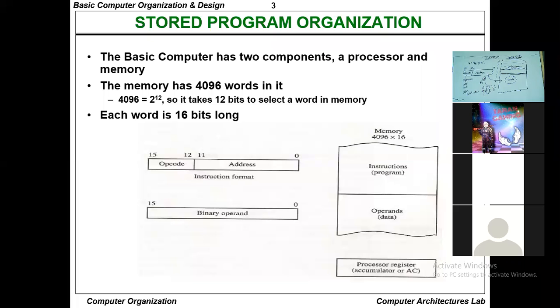Listen. If I write 2 raised to power 12, that is equal to 4096. Calculate कर सकते हो आप. 2 raised to power 12 is equal to 4096 and the power is the number of bits for address.